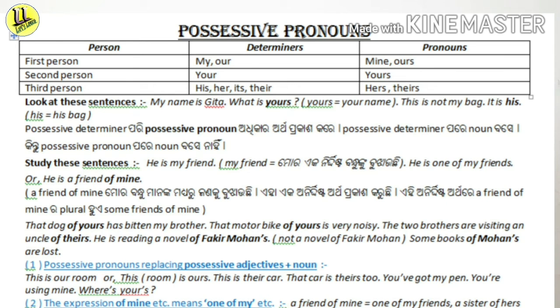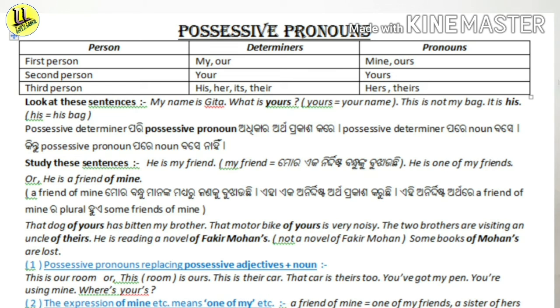Here my friend refers to a particular friend, and then he is one of my friends, or he is a friend of mine. Here you mark the use of mine.